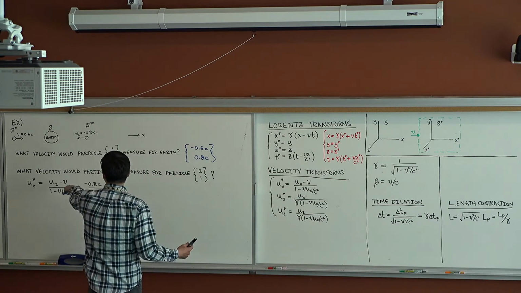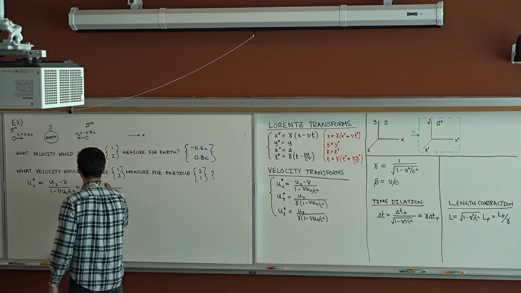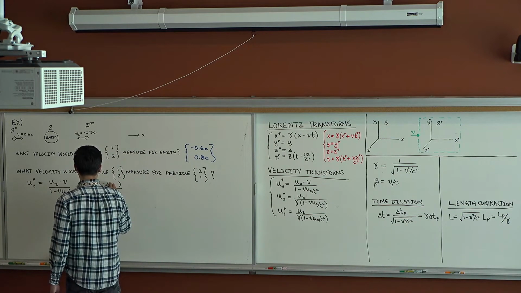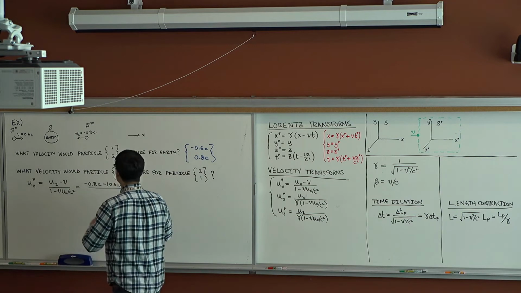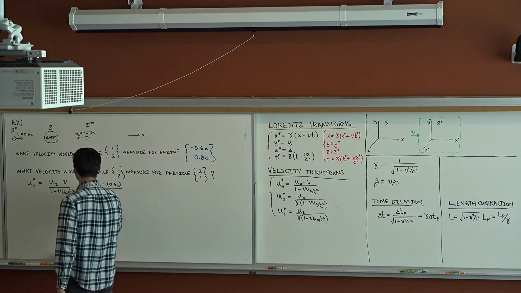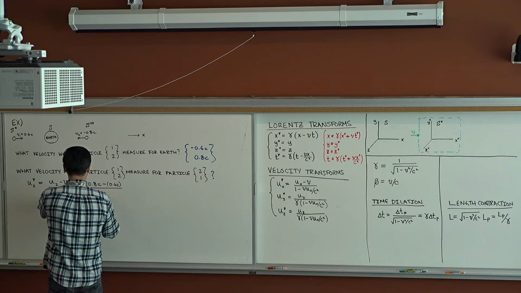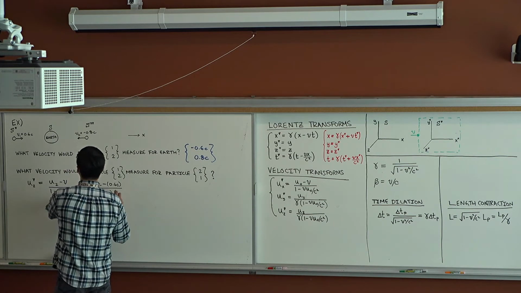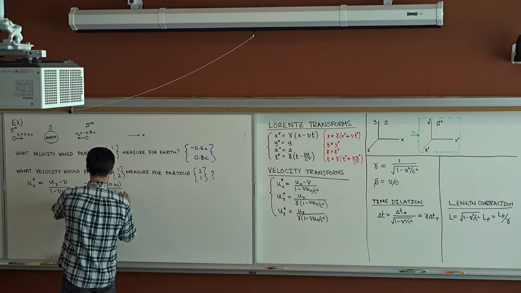So what's v here? 0.6 c. Plus or minus? It's plus. And then 1 minus, you just told me v was 0.6 c, u2 you told me was negative 0.8 c.